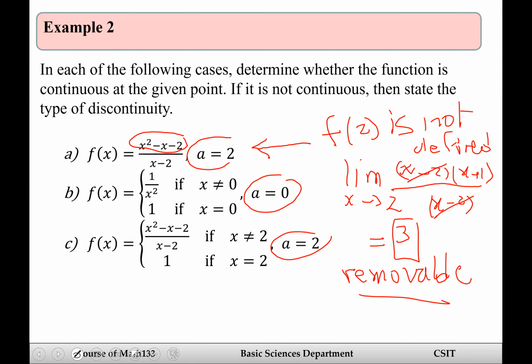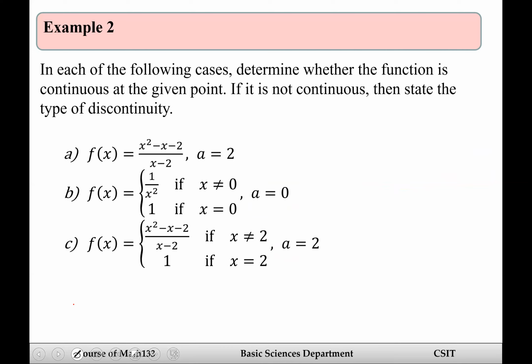Okay, now I will go to the second function. And the point is at 0. So here, f of 0 is defined. We have f of 0 equal to 1. That's fine. But we need to check the limit to the right and limit to the left for 0.